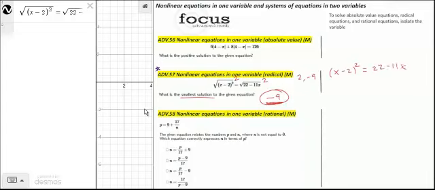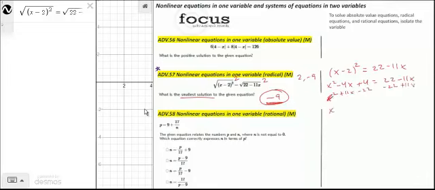And then you have a couple choices here. You could expand what you have. If you expand what you're looking at here and then combine your like terms, you get x squared minus 4x plus 4 equals 22 minus 11x. Move everything to one side, so we would subtract 22 from both sides, add 11x to both sides.